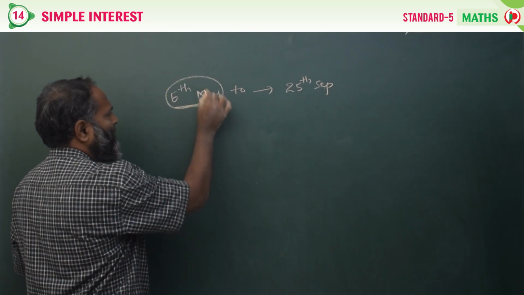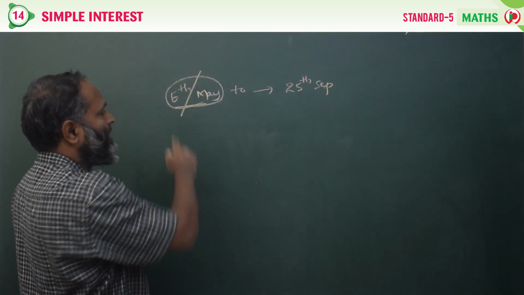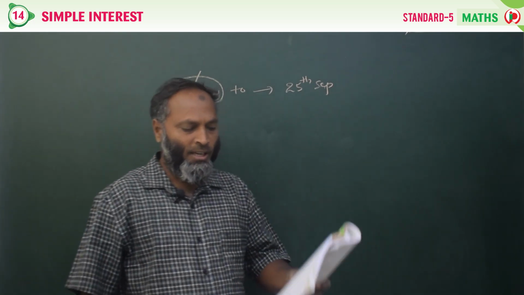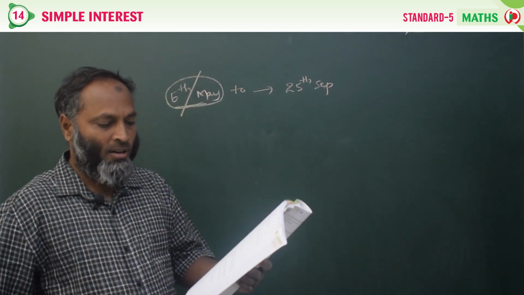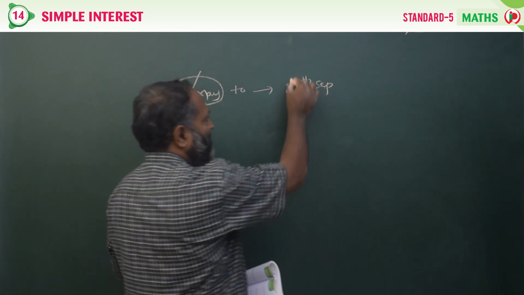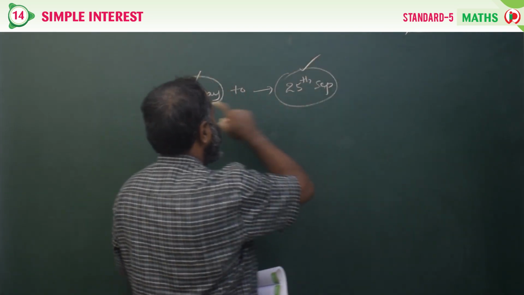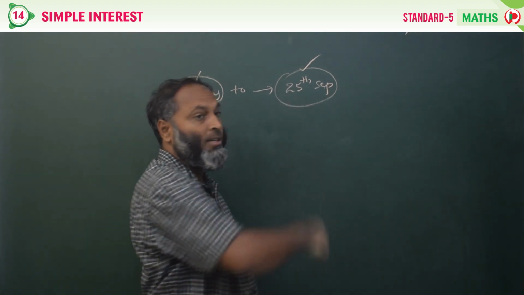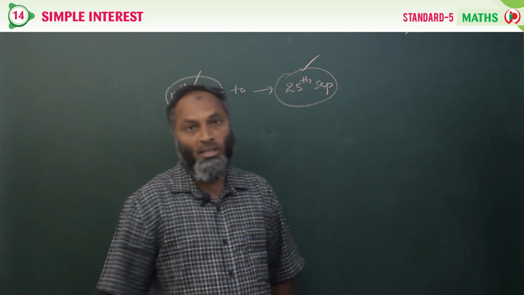The money was deposited on the 6th, so do not count the 6th, count from the 7th. But count the day on which the money is returned. So do not count the first day, but you should count the last day. You should remember this point.